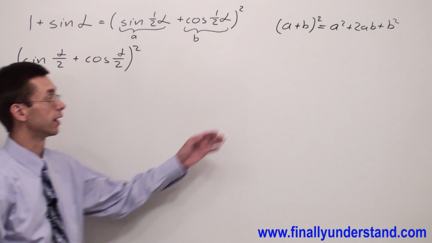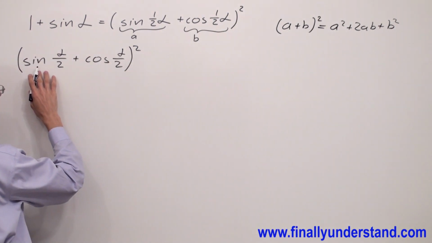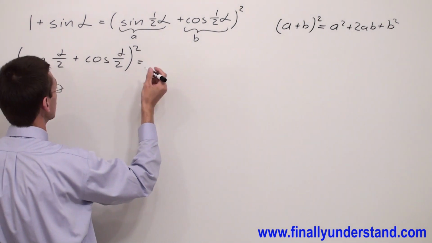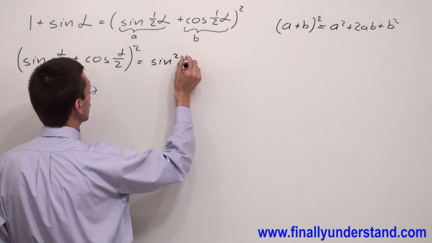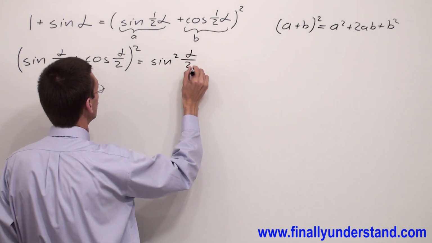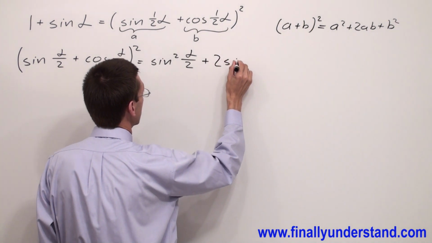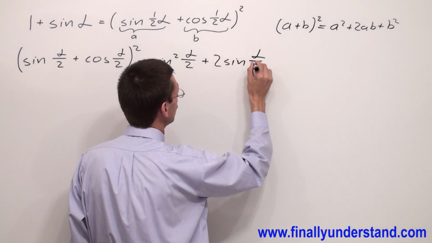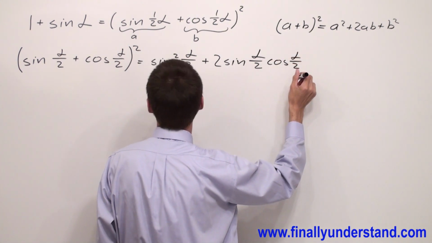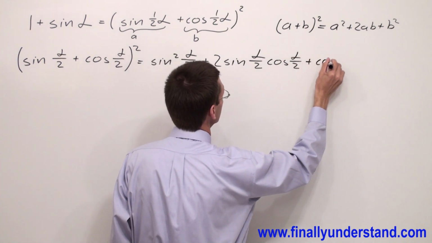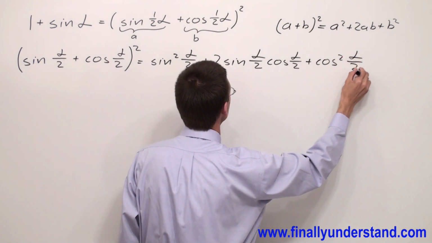Next, I'm supposed to apply this formula, okay? So this is my A. It has to be squared. I have sine squared alpha over 2 plus 2 sine alpha over 2 cosine alpha over 2 plus cosine squared alpha over 2.